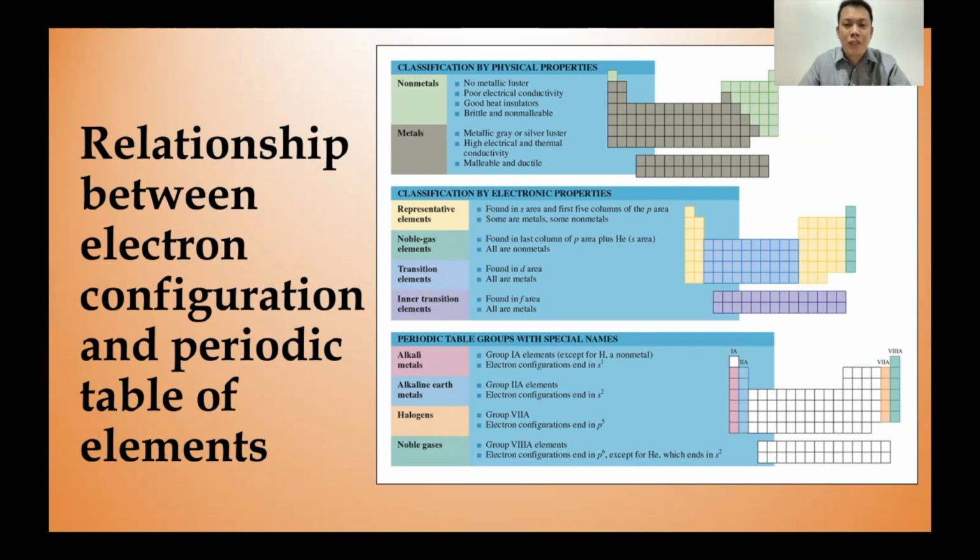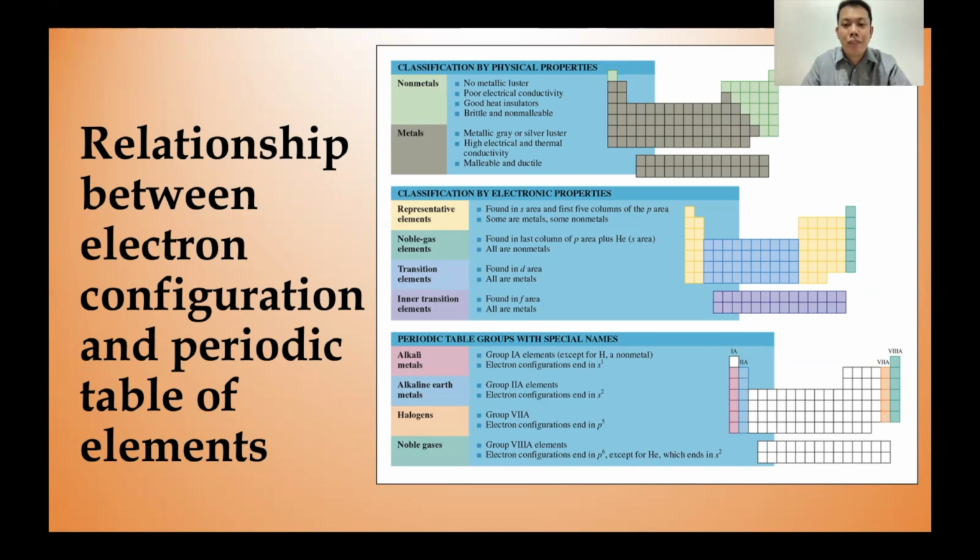Now, in the classification by electronic properties, like noble gases, transition elements, and inner transition elements are also color coded. Same thing with the representative elements, which could be metals or non-metals.